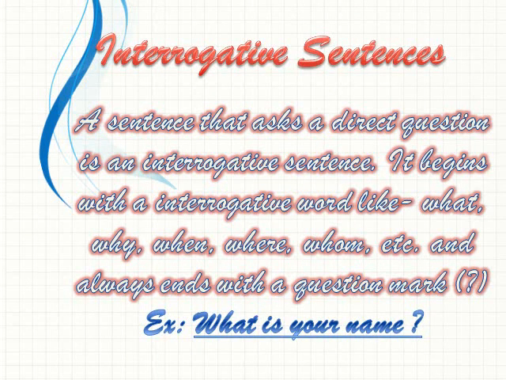Then the next type of sentence which comes up is the interrogative sentence. The term interrogation means asking questions. So interrogative sentences are those sentences which simply ask questions such as what, when, why, where, whom, how. These all are questions, and some more will be asked through interrogative sentences.